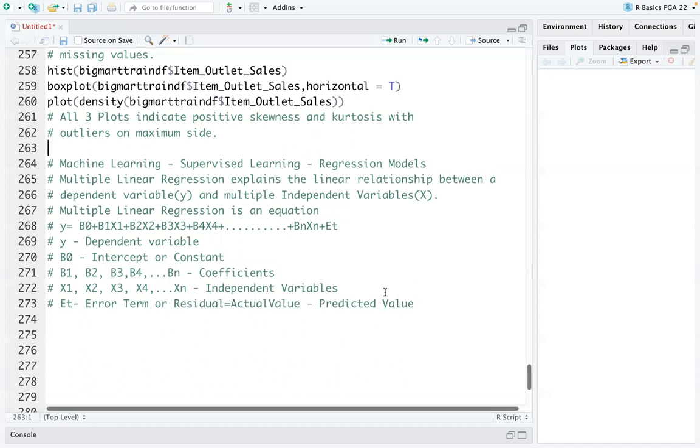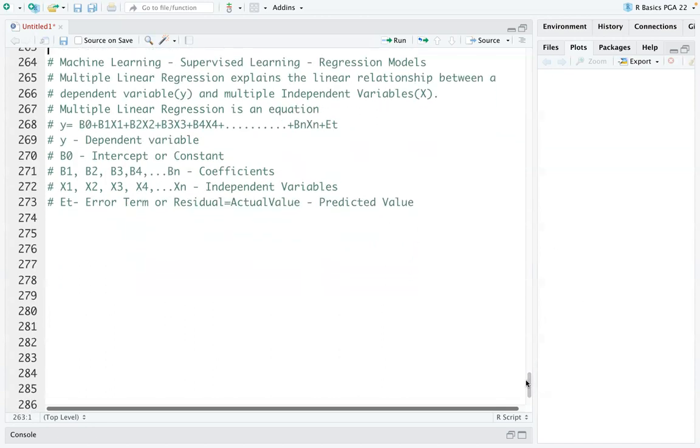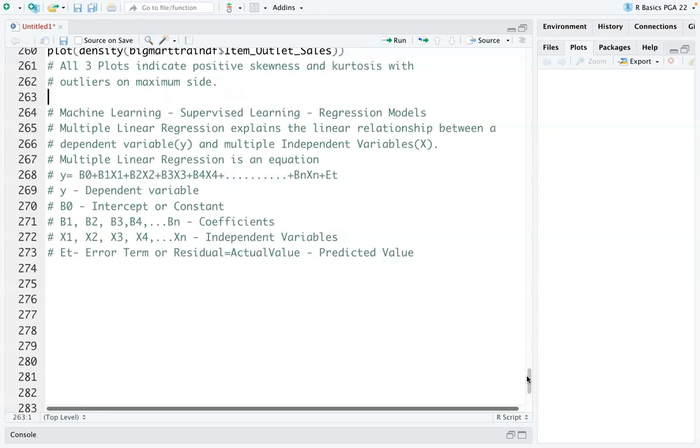Multiple linear regression will predict a value.